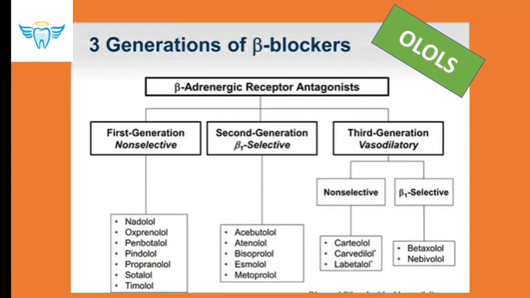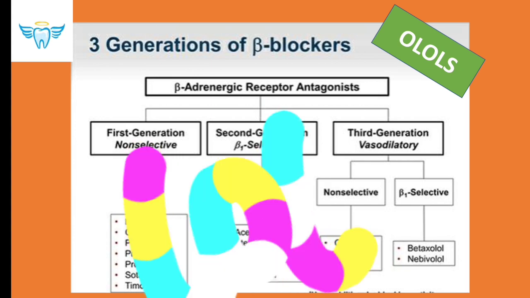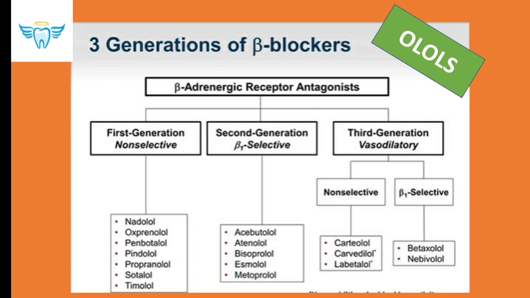Now, the classification of beta blockers is very important. They are very famously known as olols, okay? In this group of drugs, beta blockers, we have olol at the end, okay? So this is the peculiar identity of beta blockers, and they are divided into three generations, first, second and third, okay? First generation, they are non-selective, which means they act on beta 1 and beta 2 both.